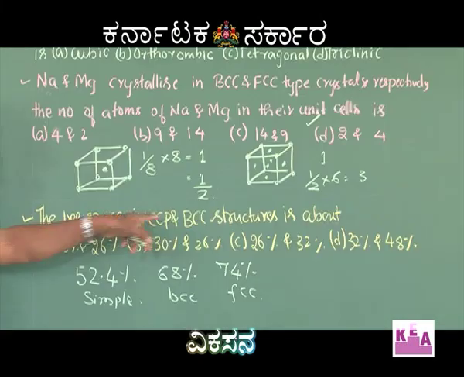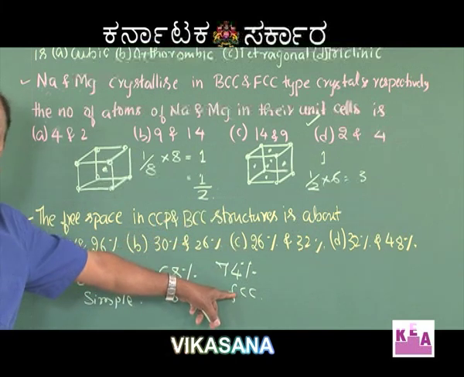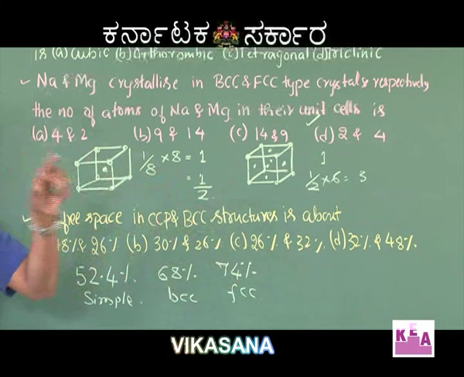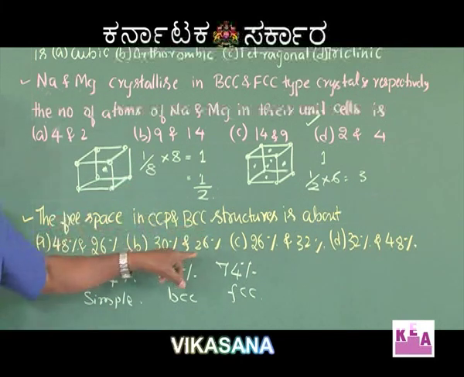Therefore, in the CCP structure, 74% is used and 26% is empty, while in the BCC, 68% is used and the empty space is 32%.